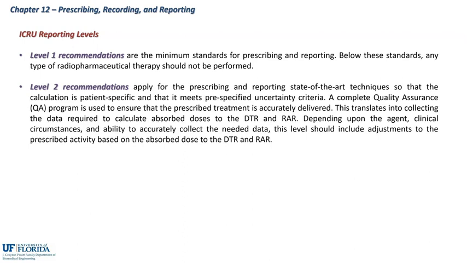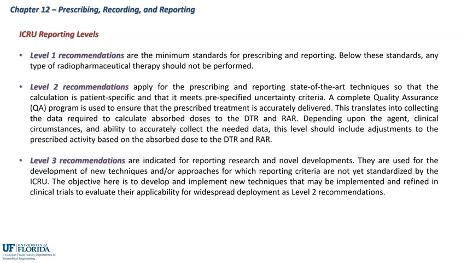This translates into collecting data required to calculate absorbed dose to DTR and RAR. Depending upon the agent, clinical circumstances, and ability to accurately collect the needed data, this level should include adjustments to the prescribed activity based on absorbed dose to these regions. So there again, you're moving away from fixed activity to a dose-based approach.